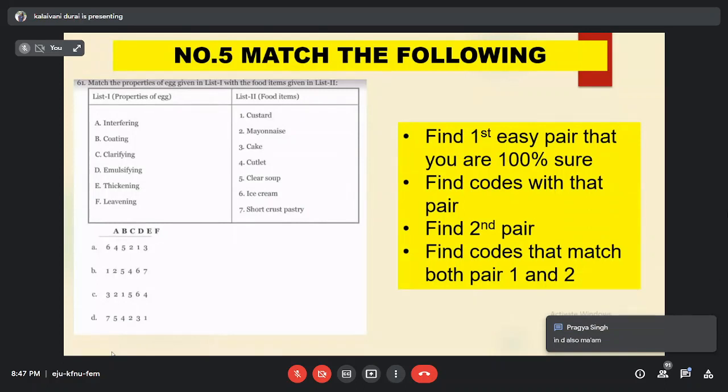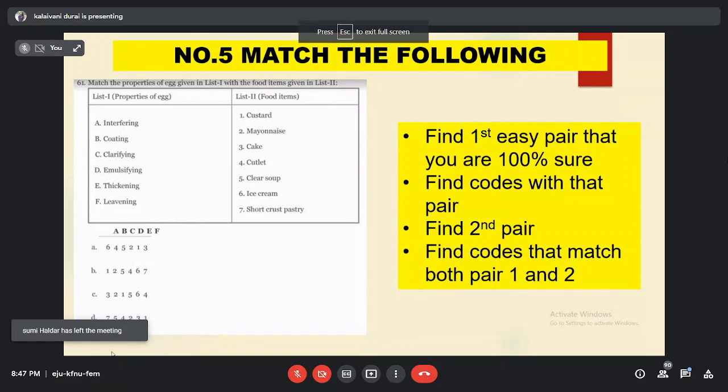Now, what we will do, okay, now I know either option A or option D can be correct. Okay, now I'll try to understand what are the other things that I know. A little bit at least. Emulsification and mayonnaise, मुझे 100% पता है कि this is correct. Okay, now I'm going through other things and seeing which leavening or clarifying something should be related.